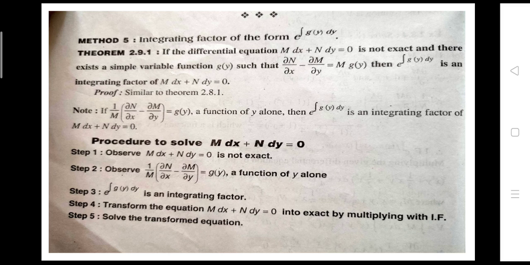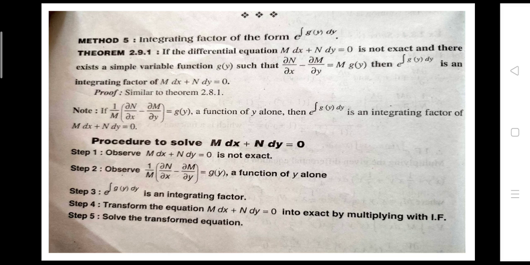E power integral g of y into dy is an integrating factor. Step 4. Transform the equation m dx plus n dy is equal to 0 into exact by multiplying with the integrating factor. Step 5. Solve the transformed equation.